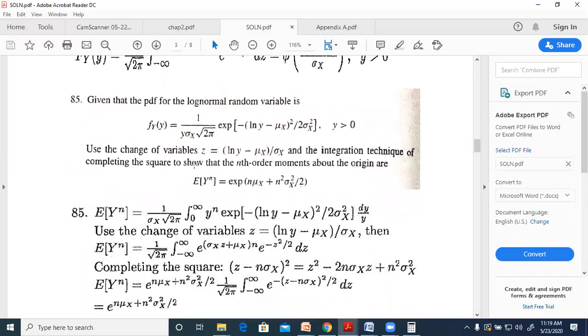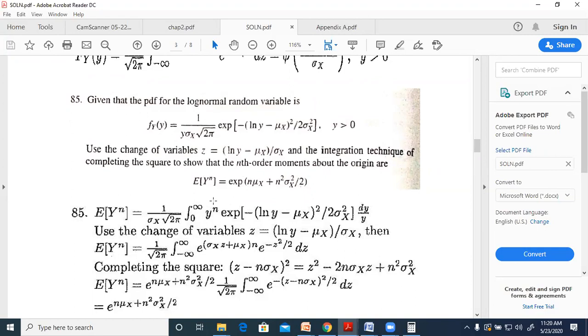Problem 85 is a similar one. Given that the PDF for a log normal random variable is this quantity, use the change of variables and the integration technique of completing the square to show that the nth order moments about the origin are this thing. Okay, so again we are taking the quantity E of Y to the power n over here.